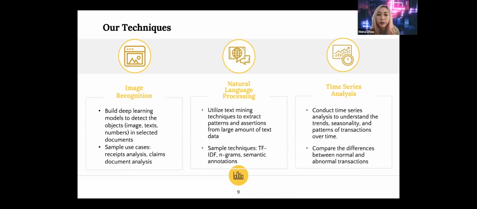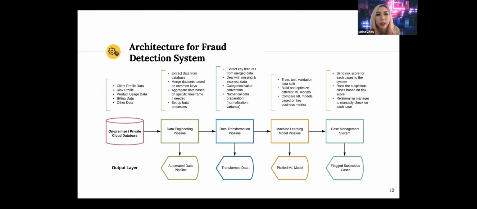We'll also compare the difference between the normal and abnormal transactions over time so that we can better understand their difference. Maybe they are similar during some of the time, but they are abnormal at some other specific times. And those all need very specific investigation and understanding of the data across the overall time.